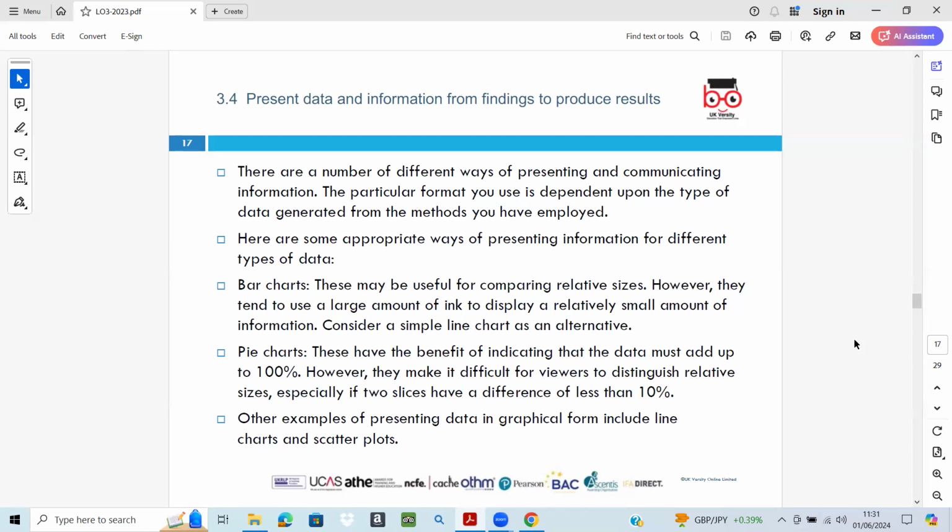Its usage is that it's effective for displaying trends over time, highlighting changes and visualizing continuous data points. And a few of the considerations are line charts are excellent for showcasing patterns and trends in data, especially when analyzing sequential or time-based information.